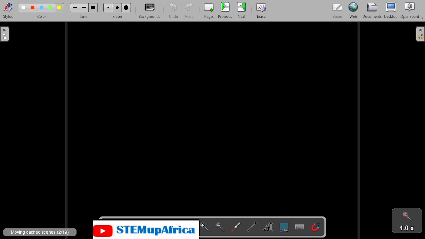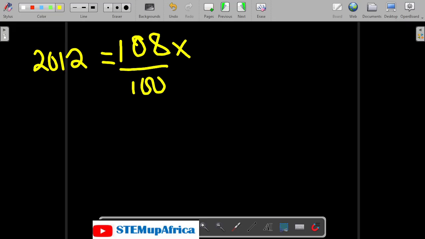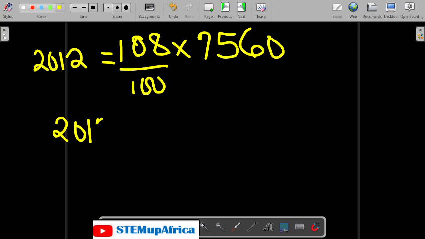So in 2012, what am I having? 2012, the same increment, 8%. I will have 108 over 100 times the new amount now, because it's been carried over, 7560. So in 2012, donation will be what? 7560 times 108 divided by 100.